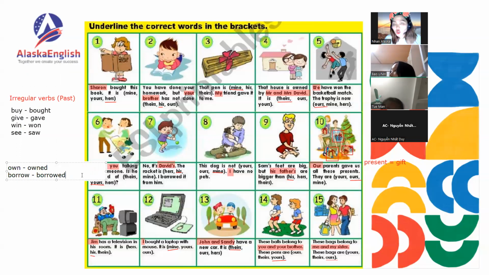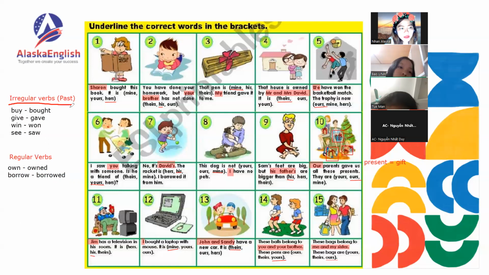At the library, you borrow a book. After you read, you return it to the librarian. When you say buy, you own it already. Okay, borrow, borrowed. So these are the regular verbs in the past. Okay, let's read the following examples before I leave you.